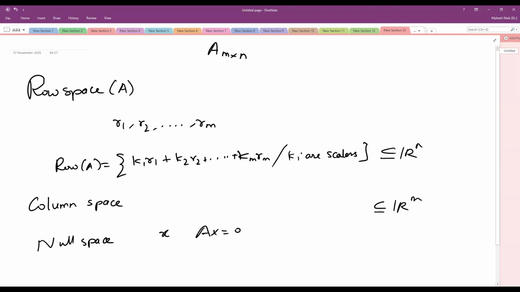So the space of all vectors x which satisfy this particular relationship Ax equal to 0 will be called the null space. It's non-empty because 0 will always belong to this particular set. And we can accordingly look at this in terms of the kernel of a linear transformation.